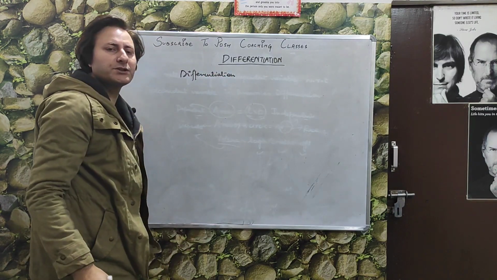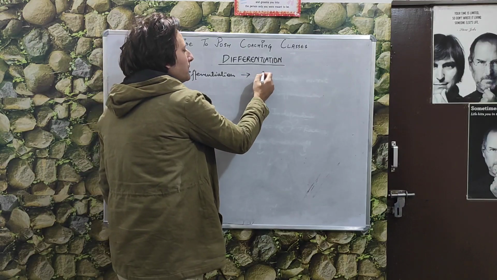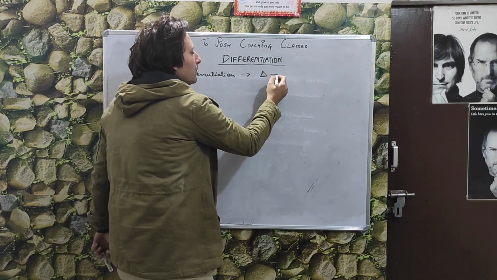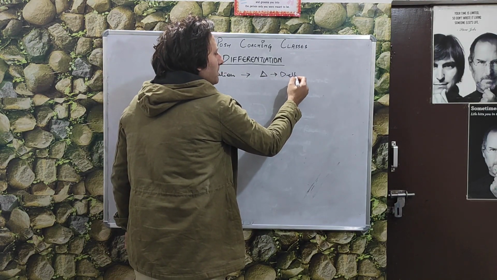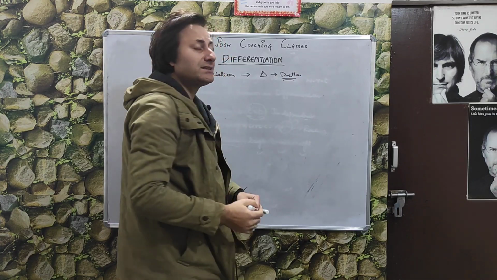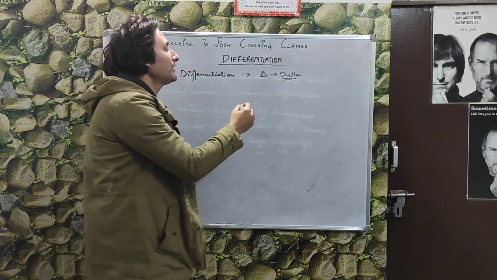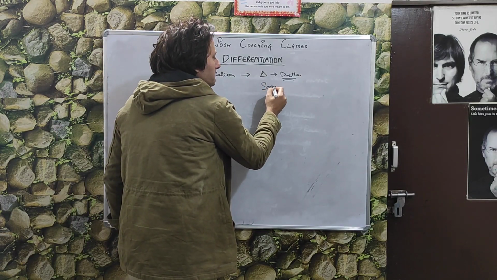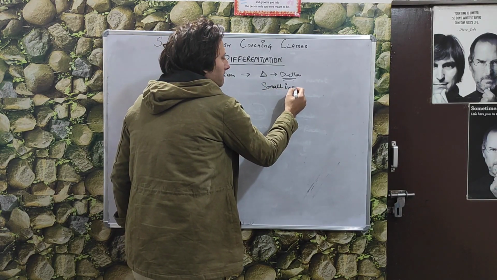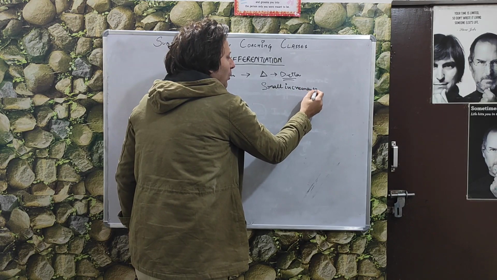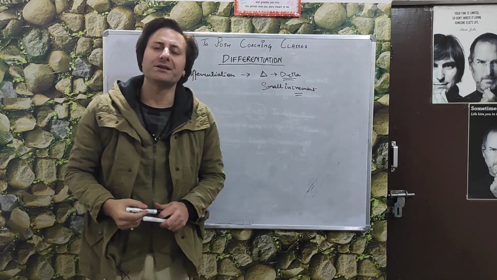There are a few things which are a must. First of all, delta. We call this triangular shape delta. Now what exactly is delta? Delta is a small increment. Again, I'll give you an example.